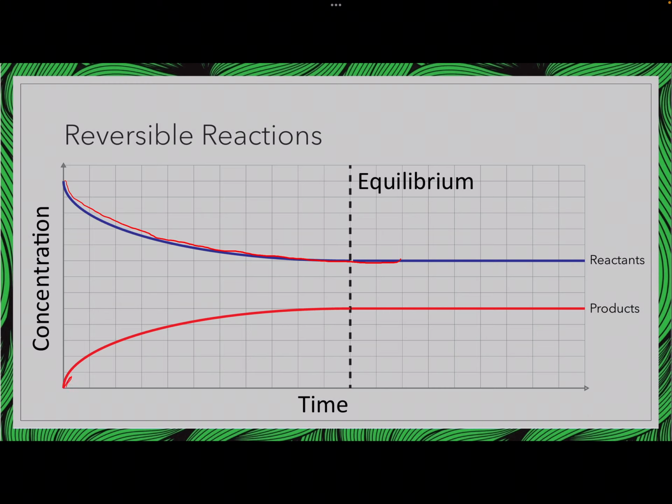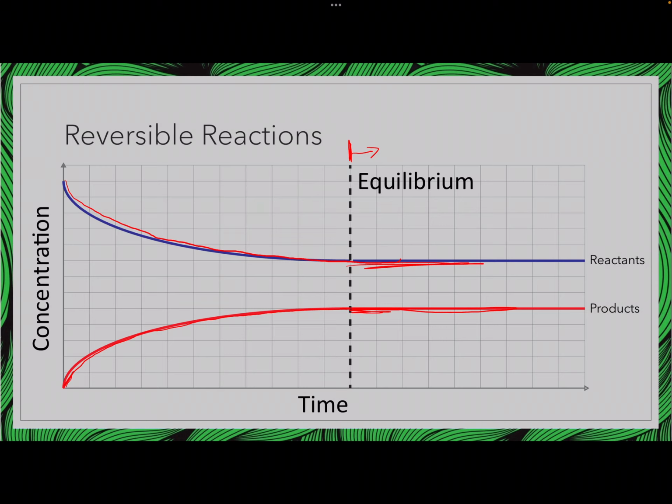So we get the products coming up here. And the same thing, as the reactants slow down, so do the products, and it reaches this constant state again. And this is the point where it reaches equilibrium, where the concentration stays the same.